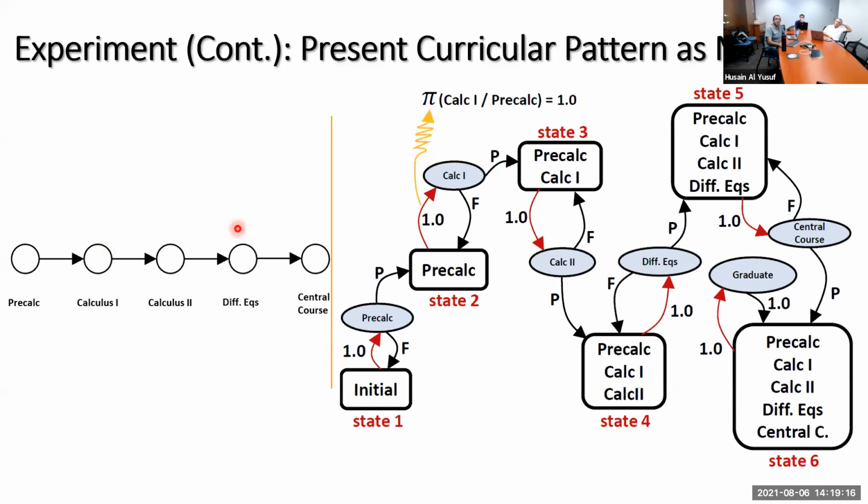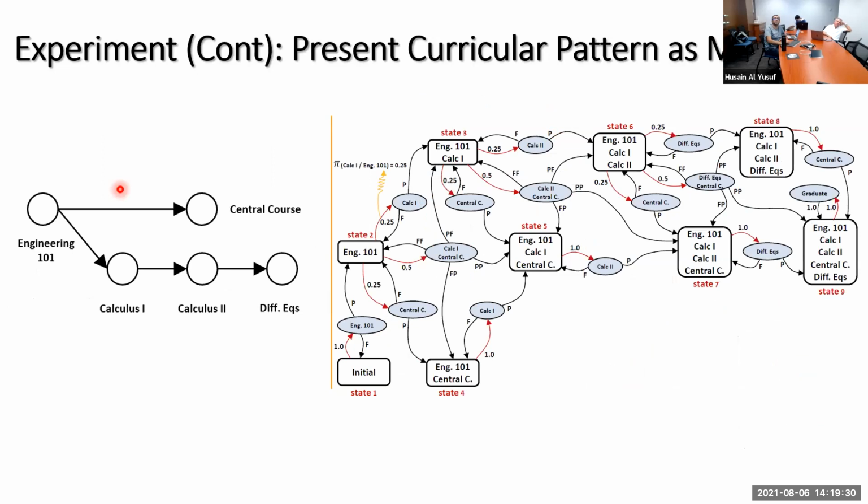So here is the model for this one. Students move from one state to another because there are not a lot of options. And here is the MDP for the second curriculum or degree plan. Let's take one example just to explain how we are doing it.